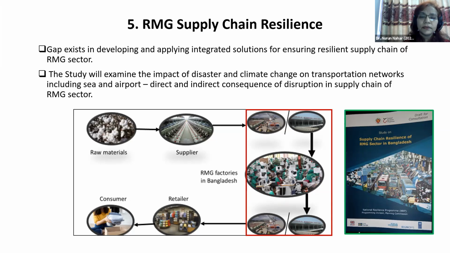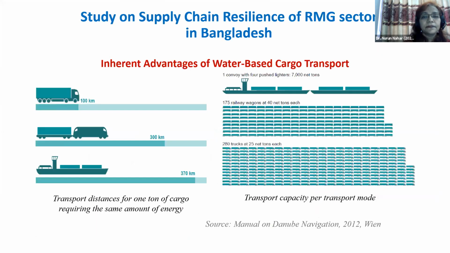Which is a cheaper way of keeping the supply chain robust? They considered transport by roads and rivers, and compared which gives better results.